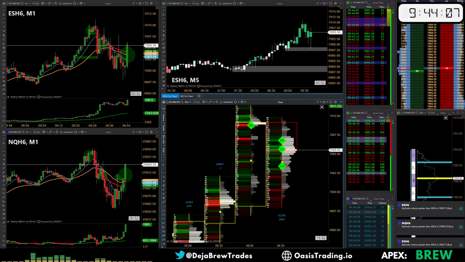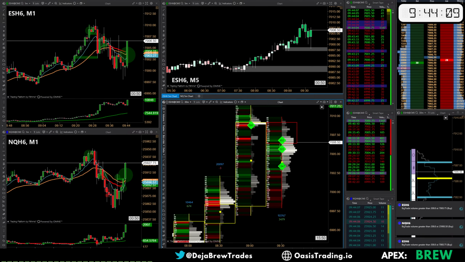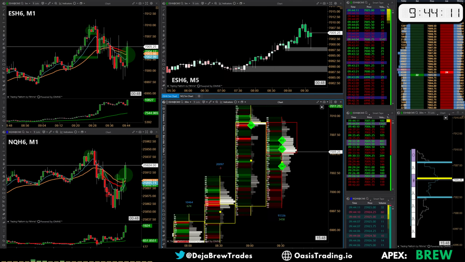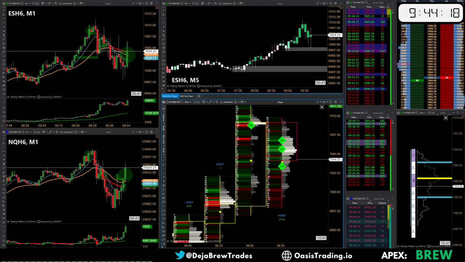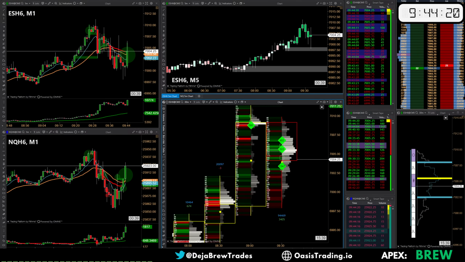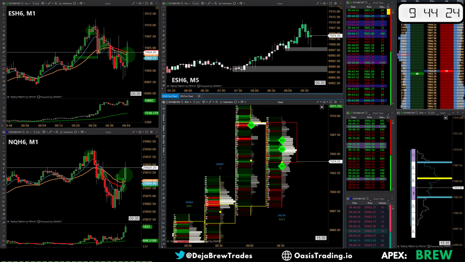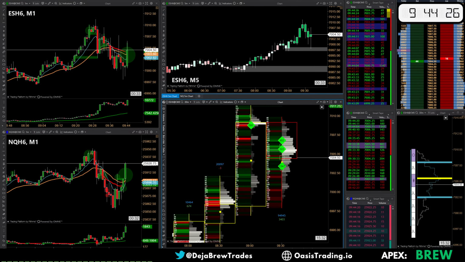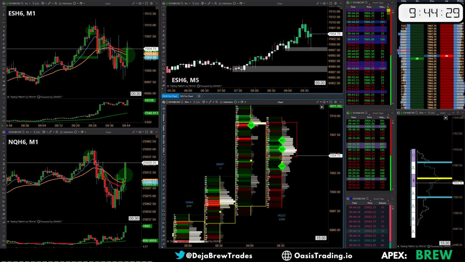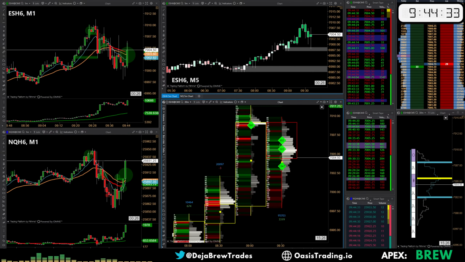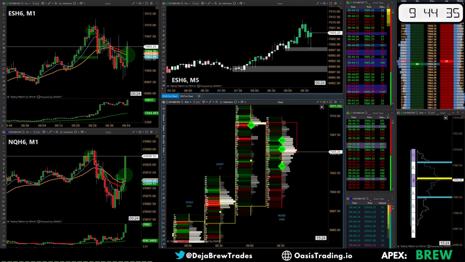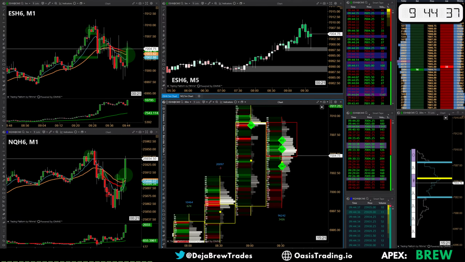Big bullish block trade there, putting you back into rotation. 1,347 contracts. That was a strong block trade because it came in simultaneously on NASDAQ as well.